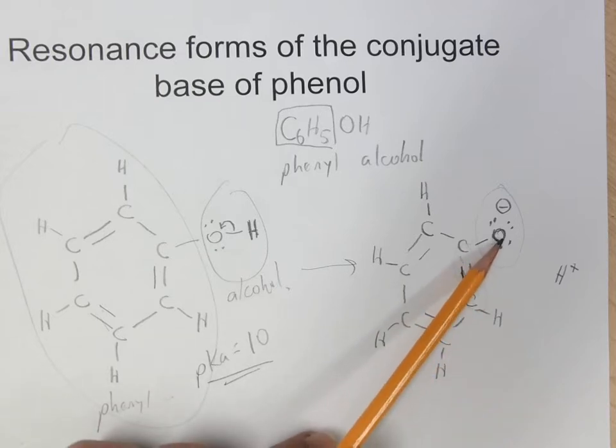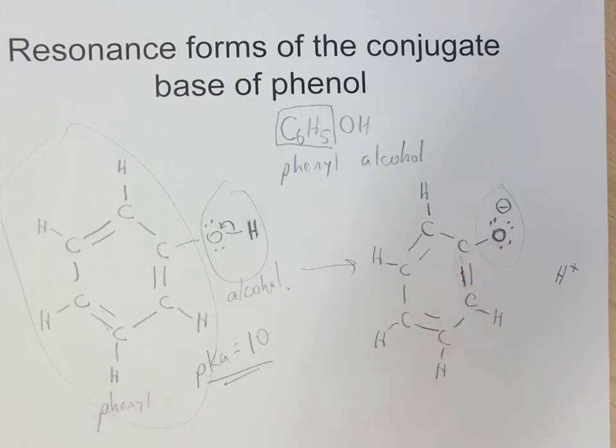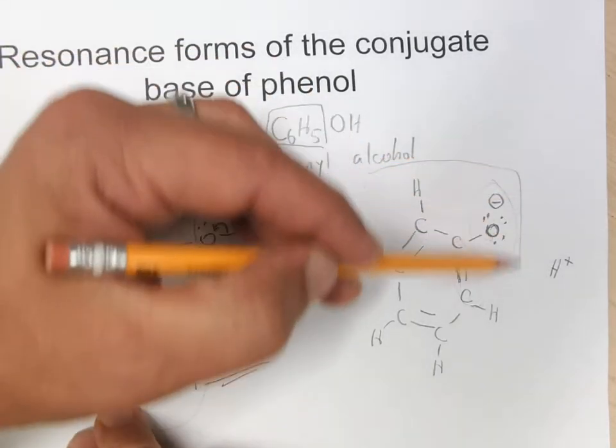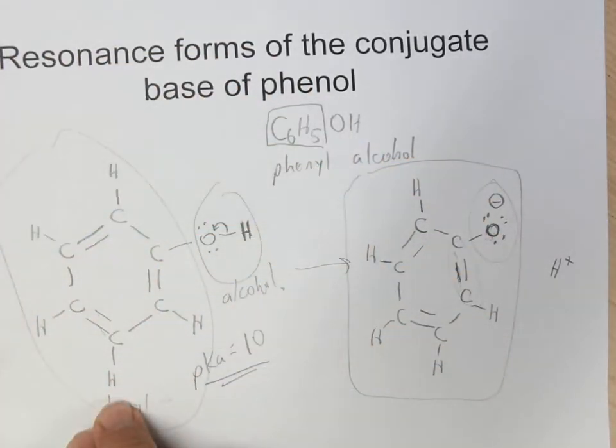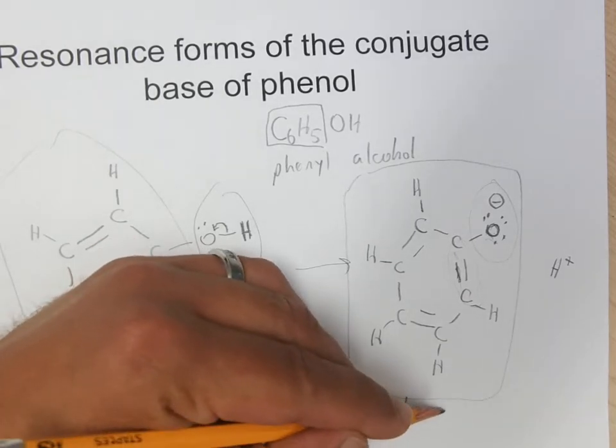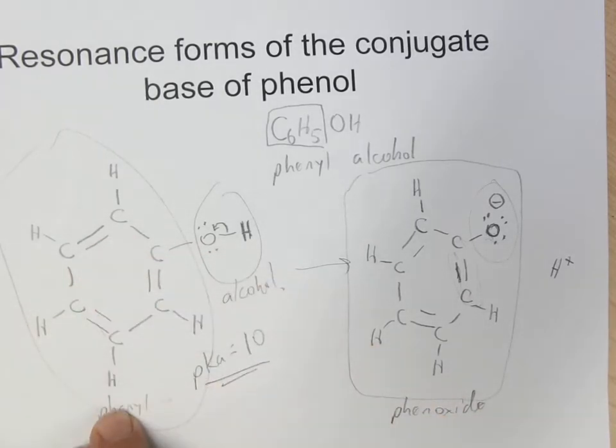In this case, we're going to move the oxygen electrons to carbon, which is less stable and less likely, but it's still a reasonable factor that we need to consider. So we're going to look at resonance forms of this conjugate base of phenol, which I would call phenoxide, right?